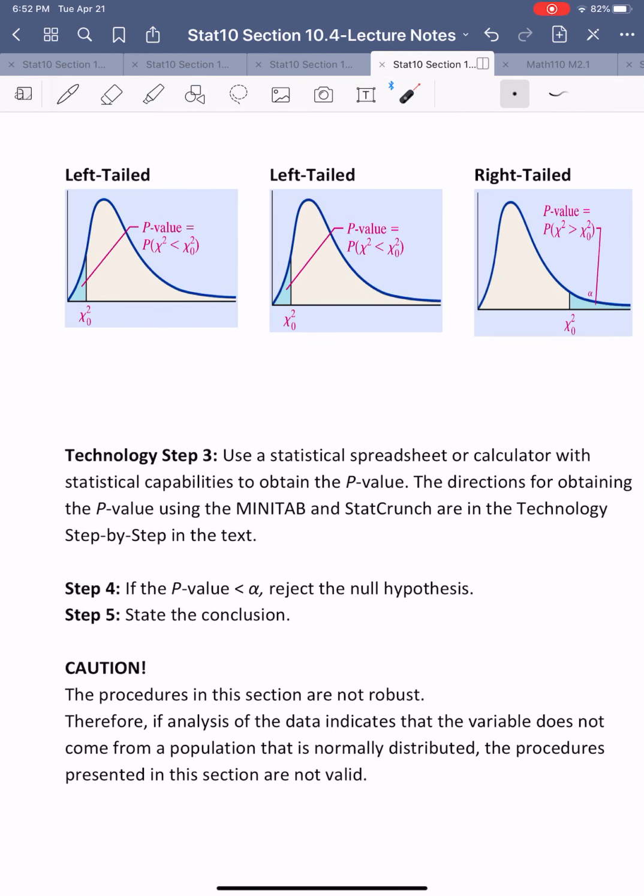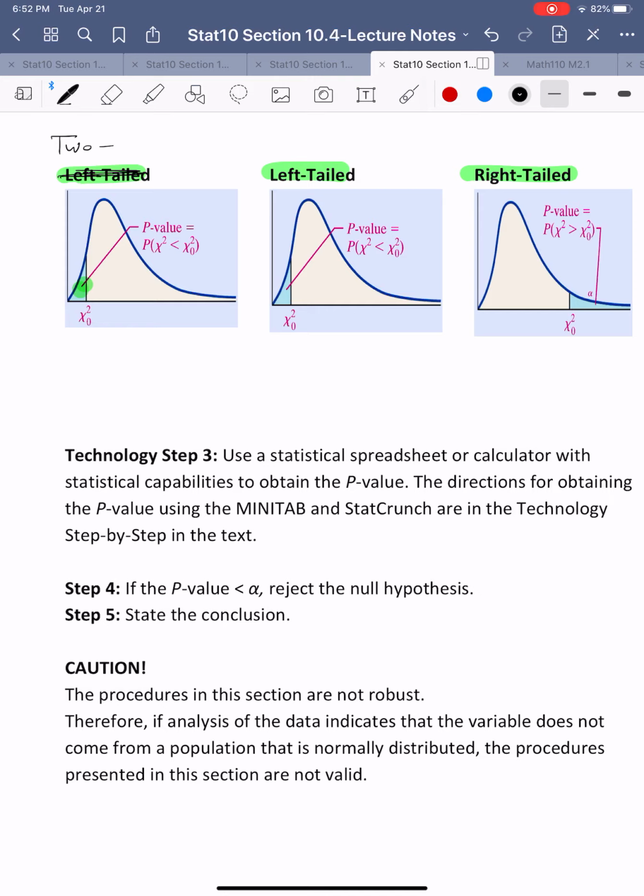This is a graph of the pictures of the two-tail, left tail, and right tail tests. This is a critical region, and I have only the left tail here. What's going on here? Hold on a second. I think I made a mistake. I have to change that into the two-tail.